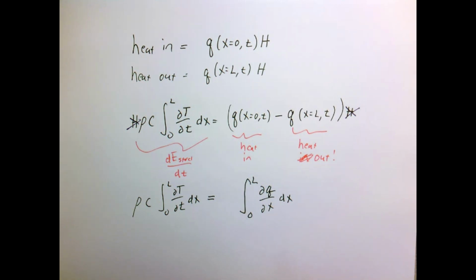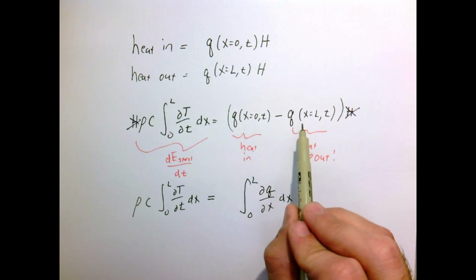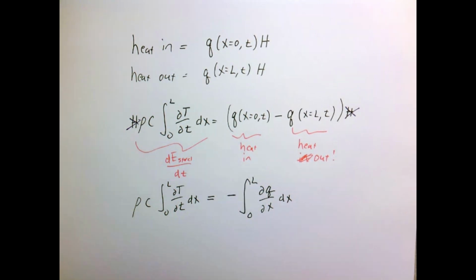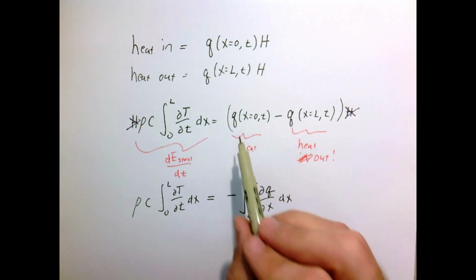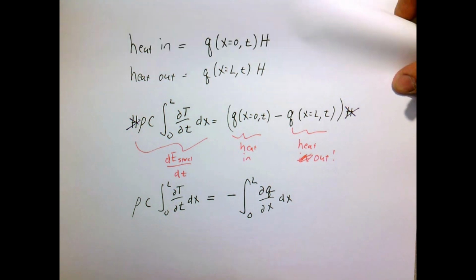I have to be a little bit careful here because at x equals 0 it's positive, and at x equals L, it's negative. So I need to pop a negative sign in there to make that consistent. And so I've just redefined this function evaluated at 2 points as the integral of the derivative using the fundamental theorem of calculus. Seems like an odd thing to do, but let me show you why I do that.